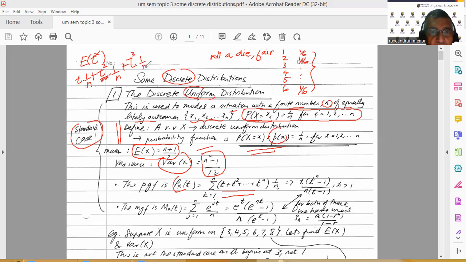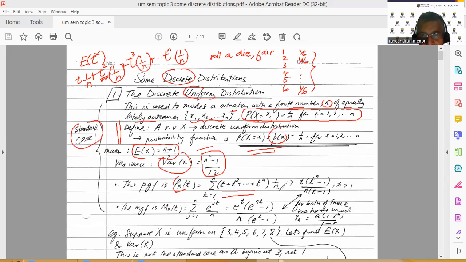Again, we are looking at x equals 1, then x equals 2, x equals 3, right up to what? Good. X equals n, right? So I have t to the n times 1 over n. These are all the probabilities, yeah? So that's what I've written here, so it's easy for you to follow, except that I put this in a bracket, no big deal.